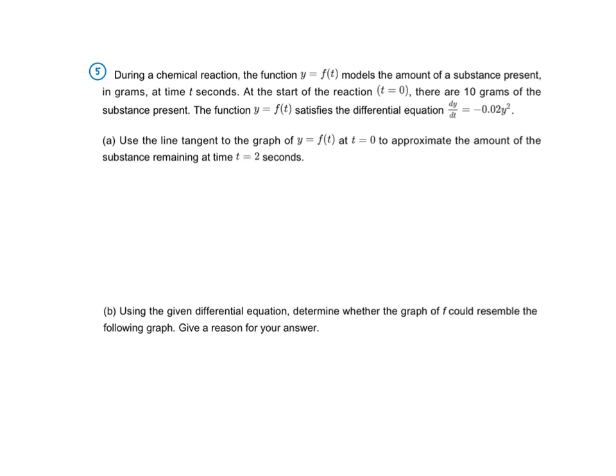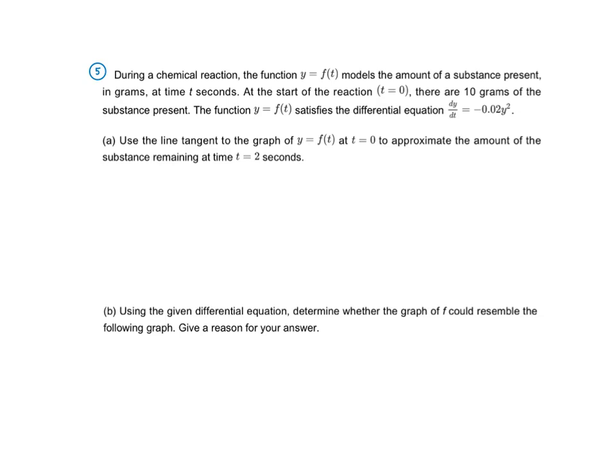At the start of the reaction, there's 10 grams of the substance present, so there's 10 grams initially. The function satisfies this differential equation. Use the line tangent to the graph of f at t equals 0 to approximate the amount of substance remaining at time t equals 2 seconds.